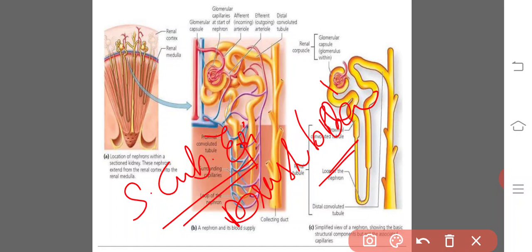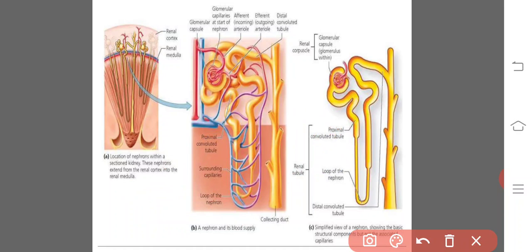Why? Because without knowing the lining of the proximal convoluted tubule, we may not understand why there is more and more selective reabsorption in the proximal convoluted tubule. About 65% of the ultrafiltrate gets reabsorbed. So we have to clearly understand what are the things which are kept inside. Here simple cuboidal epithelium tissue is there, which forms the brush border, which increases the area of absorption.